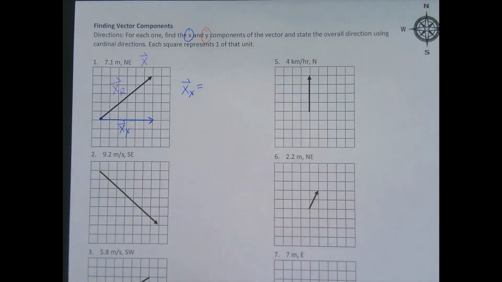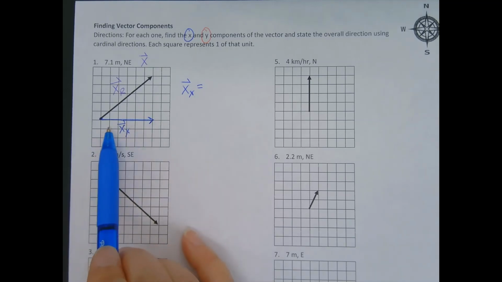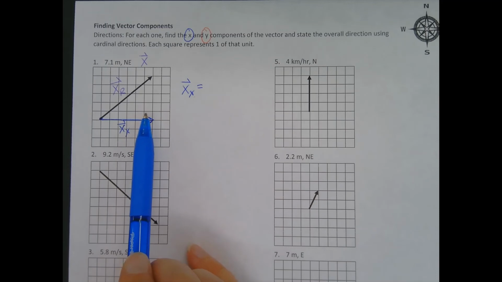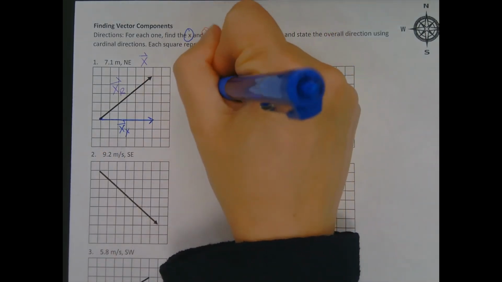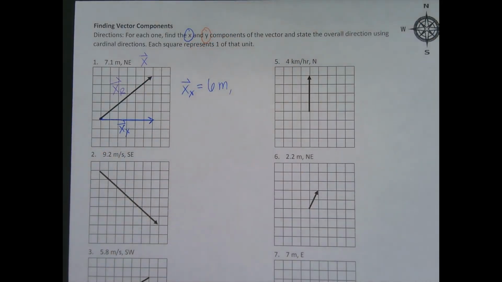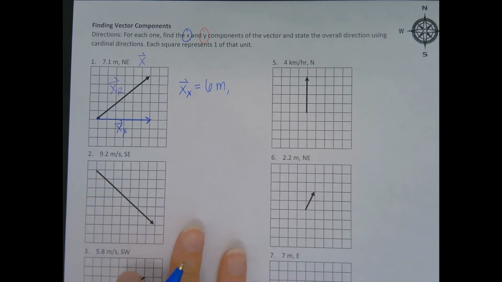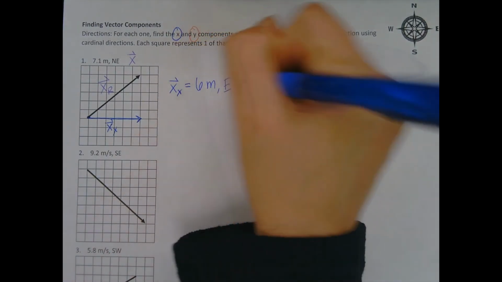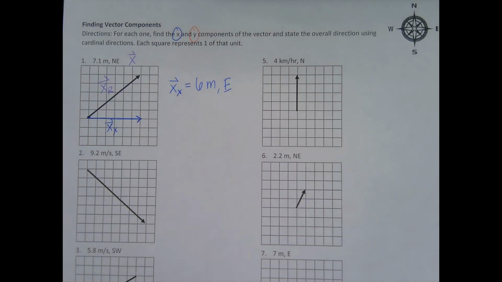And I need a value for this, so I can just count how many boxes I went. 1, 2, 3, 4, 5, 6. 6 meters. And if I look at my cardinal directions, north, south, east, west, I headed in the east direction. So my X component of this displacement vector is 6 meters east.